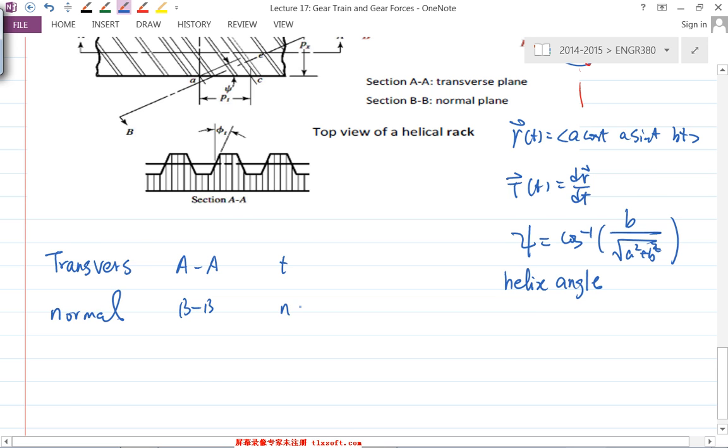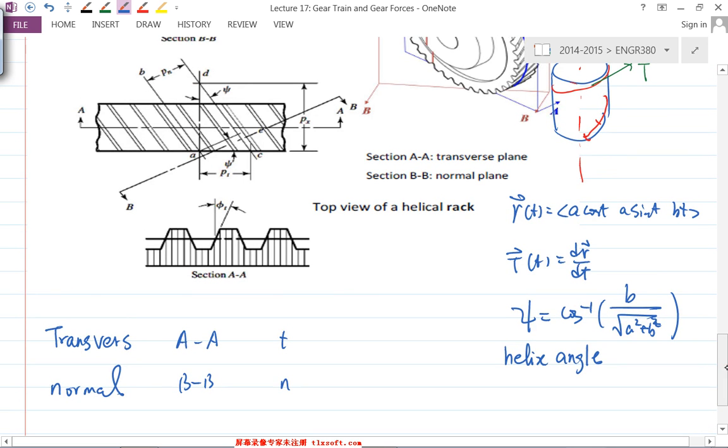So let's say I look at the transverse plane here, and I go from this location A. This is not a very good drawing, but you can imagine this is one tooth, which goes to an open area, and then to another portion of the adjacent tooth.